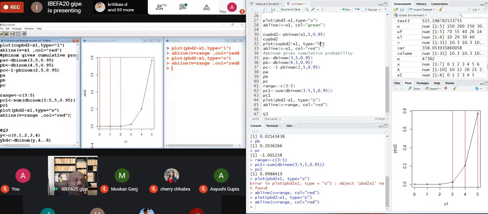Any more questions for number 2? Sir, I didn't get that part. When we wrote P binom instead of sum D binom, why didn't we get the cumulative frequency, if P binom is basically for cumulative frequency? Because we want here the addition of 3, 4, 5. Yes, sir. But if I use P binom, it will add up the cumulative probability for 3, for 4, and for 5.